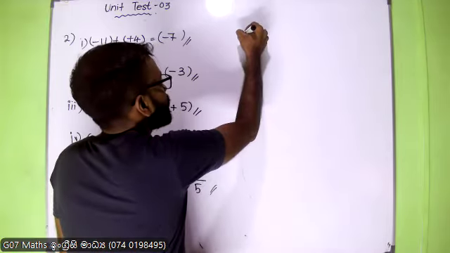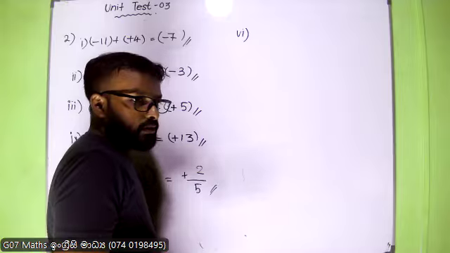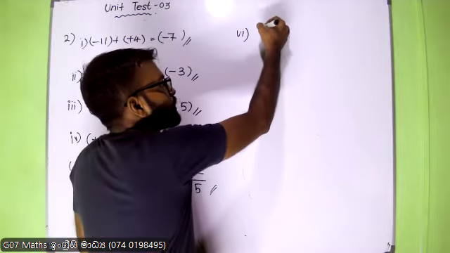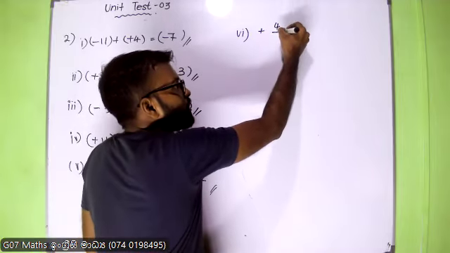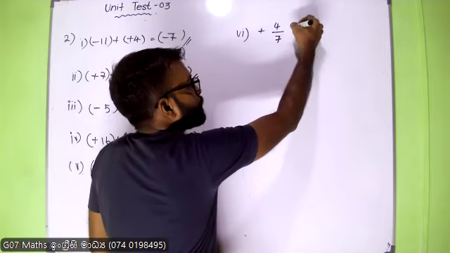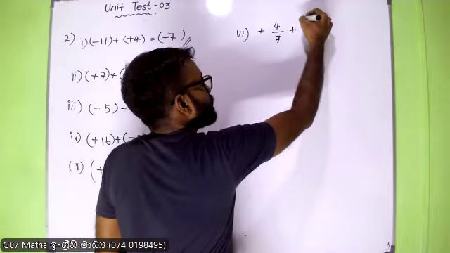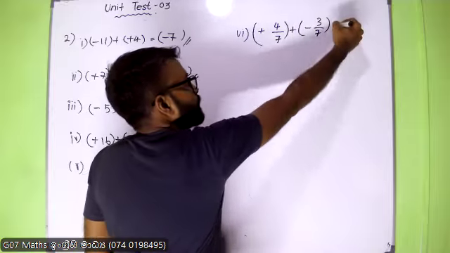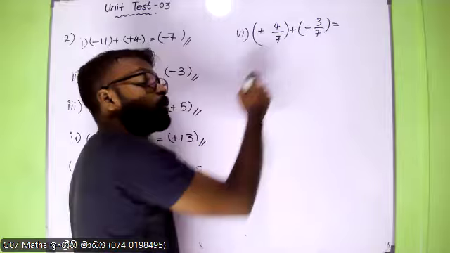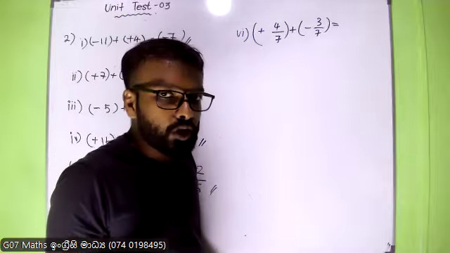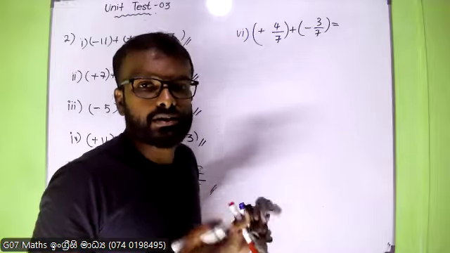Okay. Sixth one. Again fraction. Right? Positive 4 upon 7 plus negative 3 upon 7. Again, same thing. What about the denominators? No need to worry. Same denominator, 7, 7.